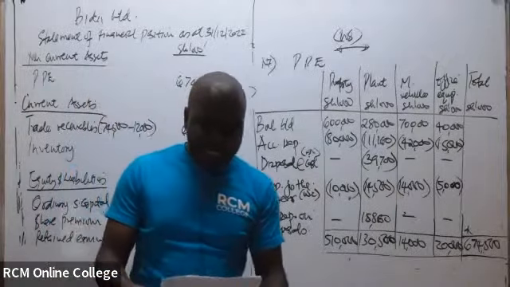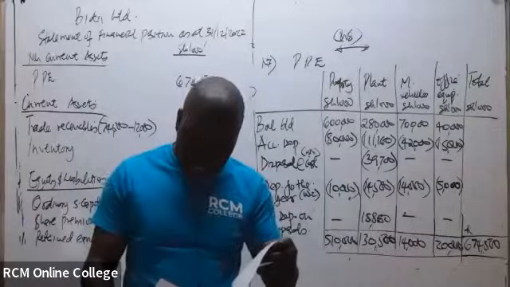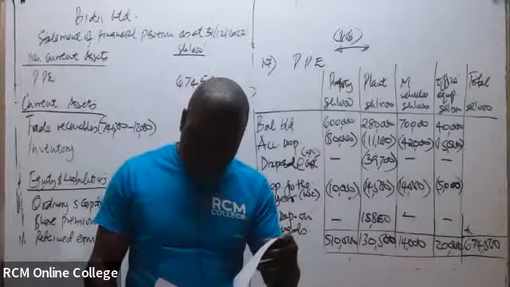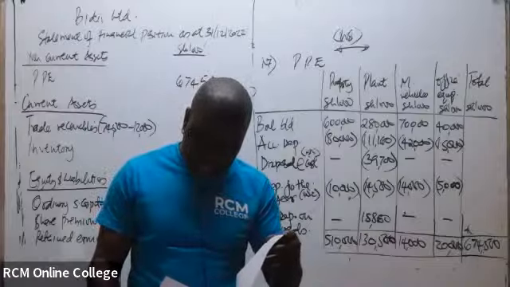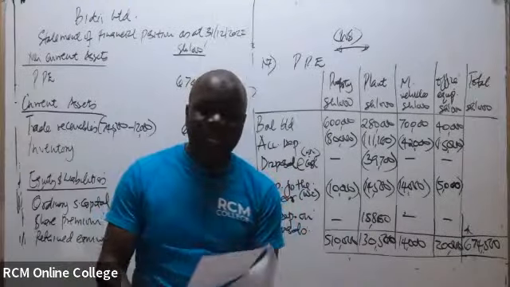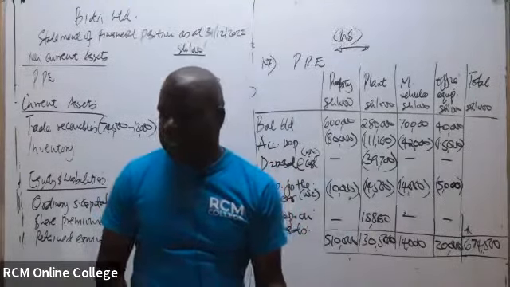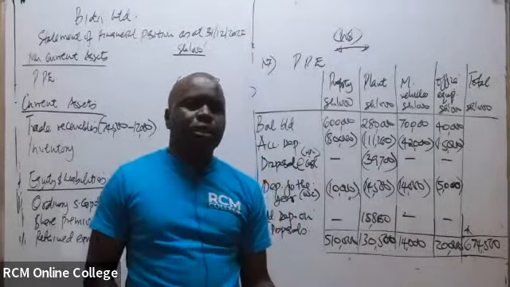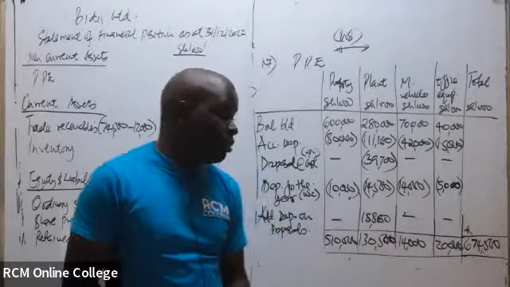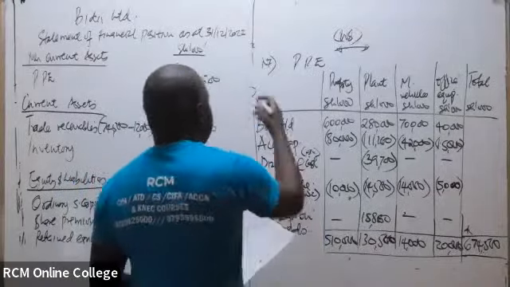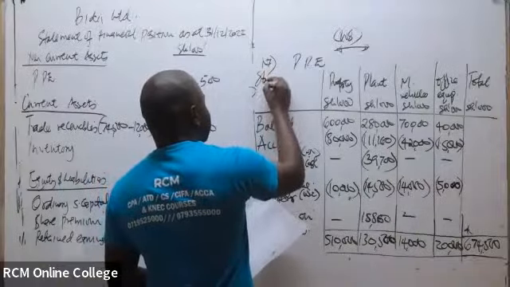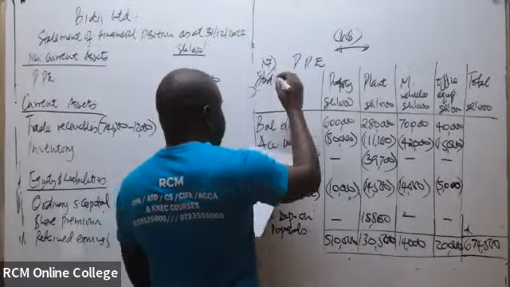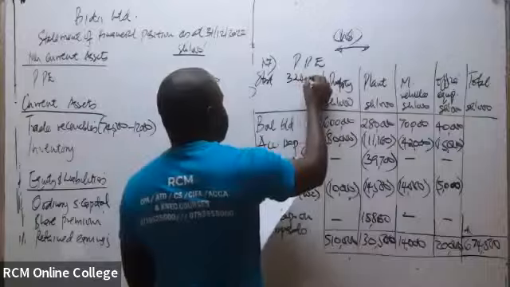So remember, we said that the figure of deferred tax that you've been given in the trial balance is the deferred tax at the start of the year. And of course, you're told it was 32,400.